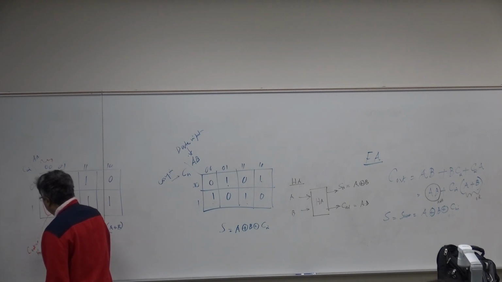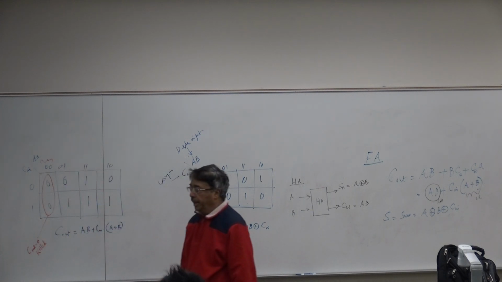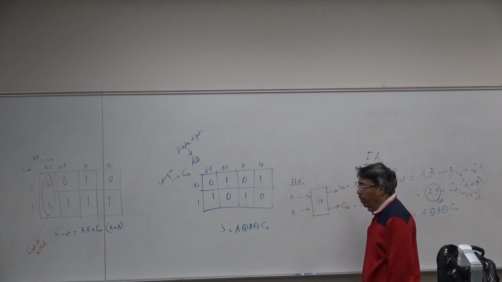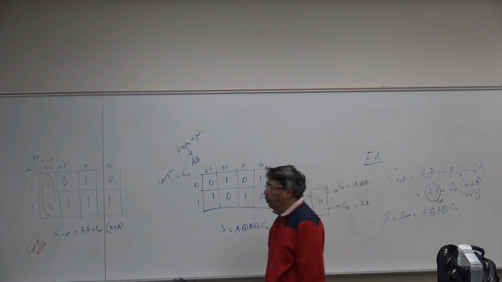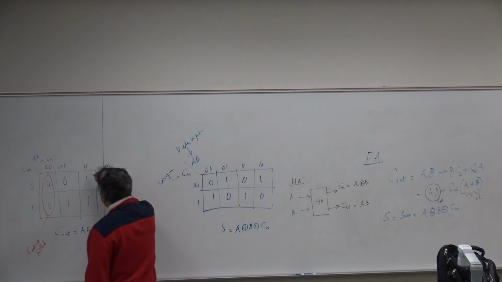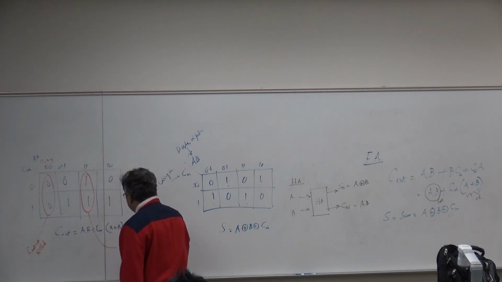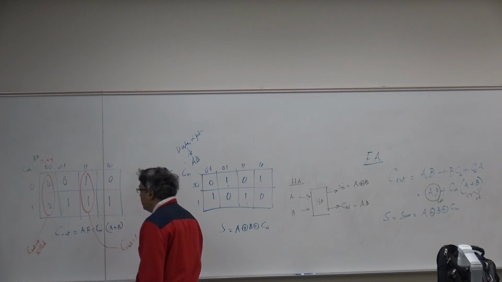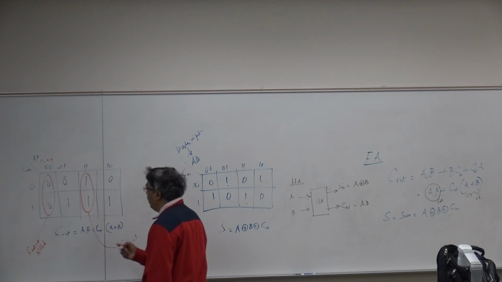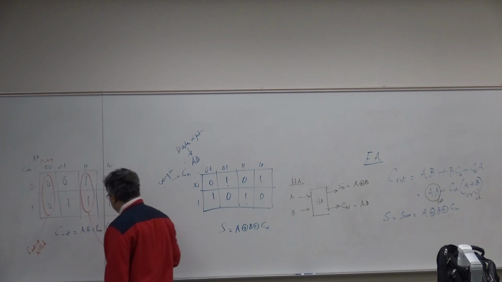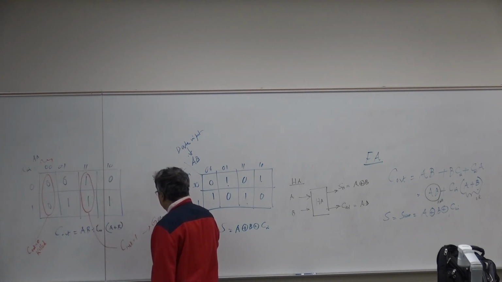So we can say that carry gets killed whenever A and B both are 0, 0. Similarly, when both A and B are 1, 1, C out is 1. So irrespective of the value of the input carry, output carry is generated. So this corresponds to generate.